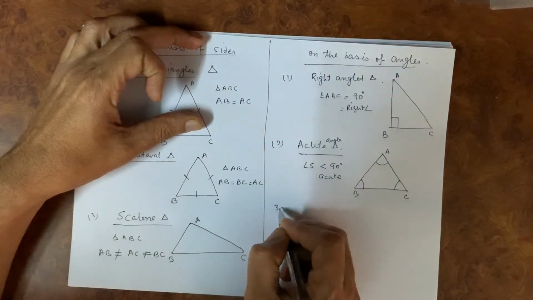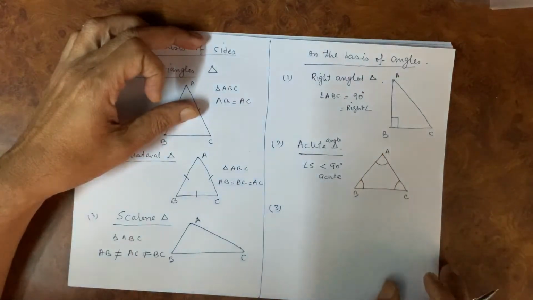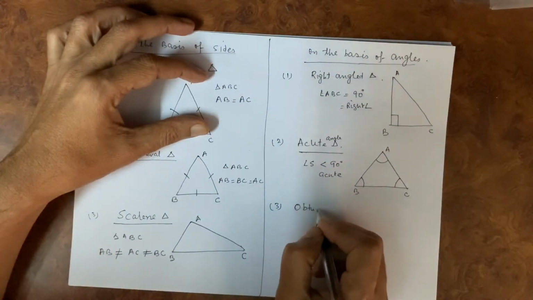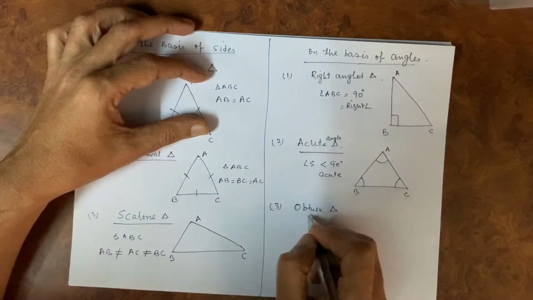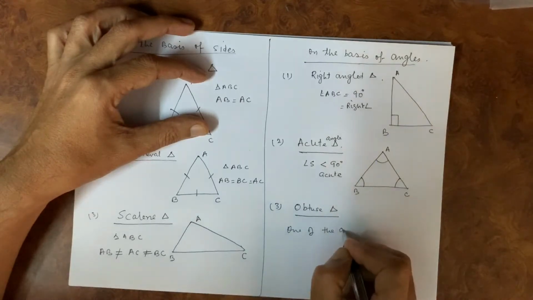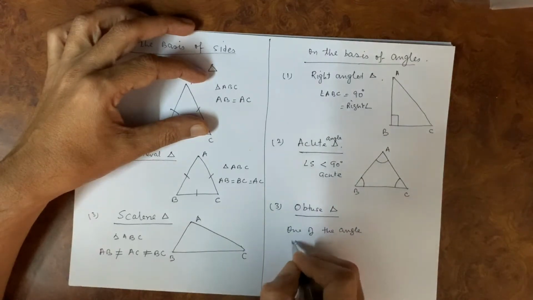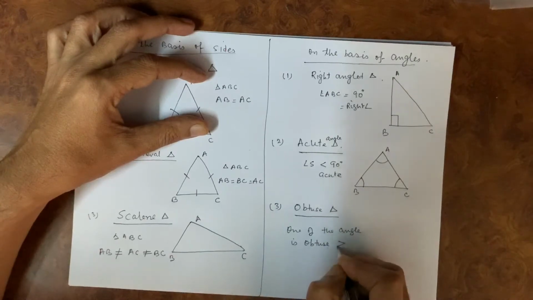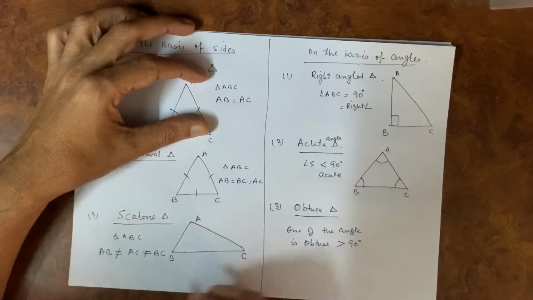And third type of triangle in this category on the basis of angle is obtuse triangle. In obtuse triangle, one of the angles is obtuse, means that it is greater than 90 degree.